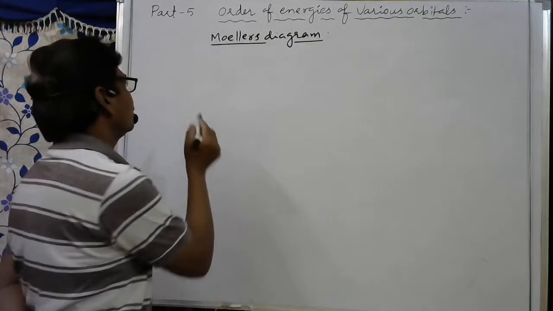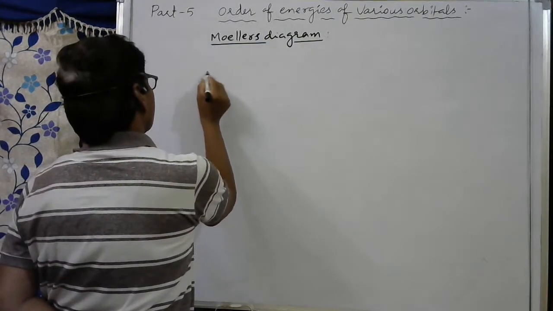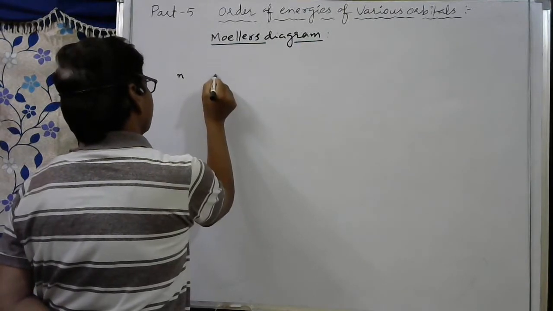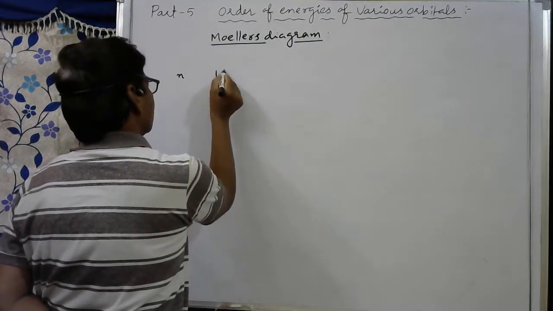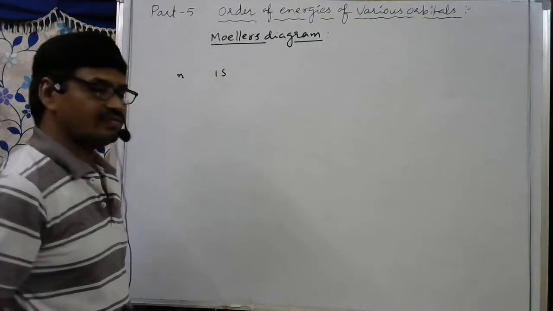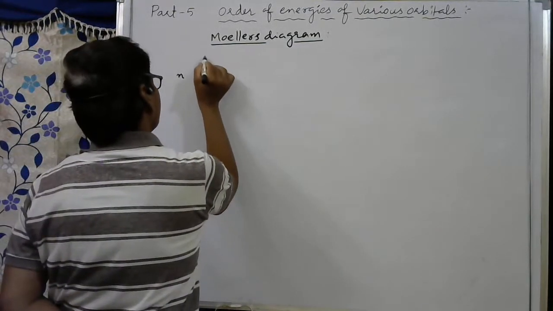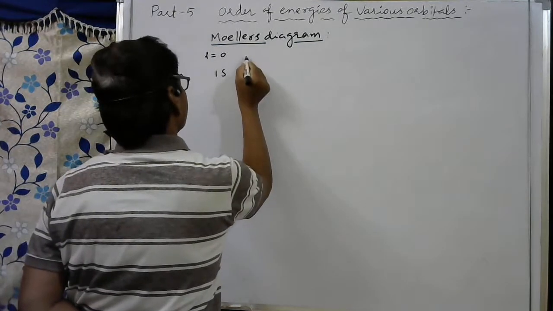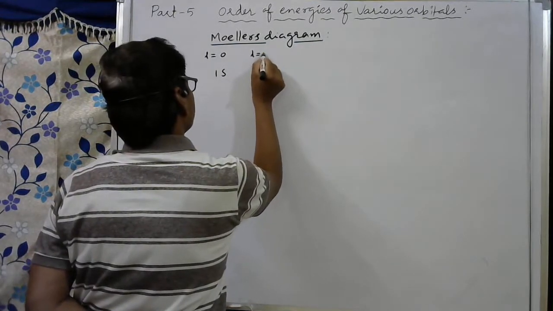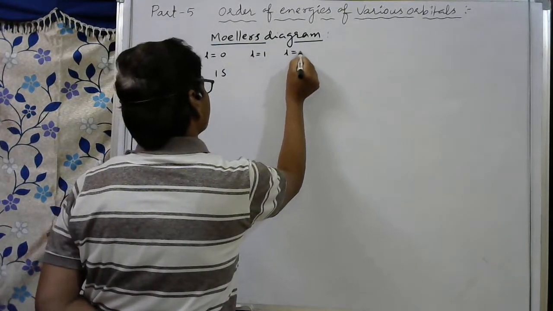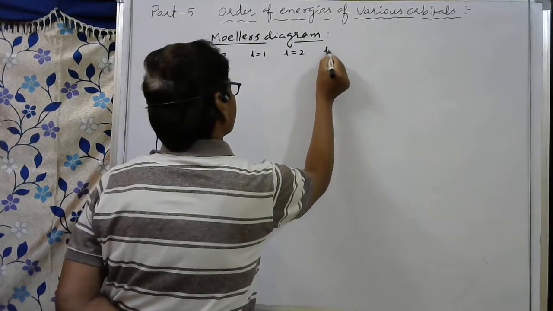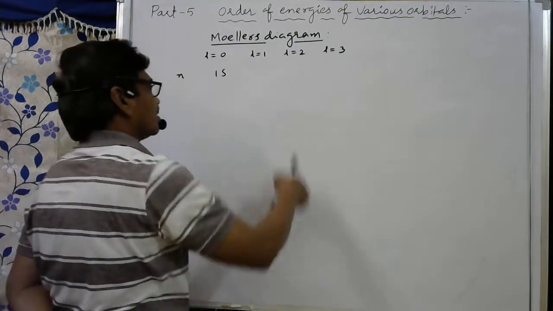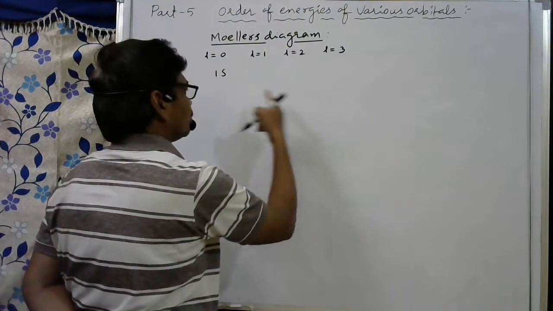Here I am writing the n value. If the n value is 1, only one s orbital is present, for which the l value is 0. Then I am writing l value 1, next l value 2, l value 3. Like this, I am taking 3 vertical lines and different horizontal rows.